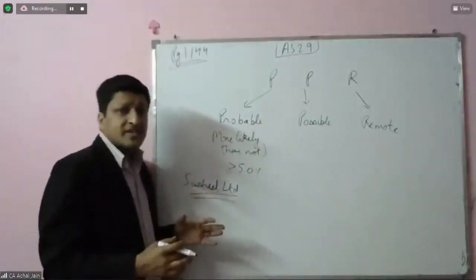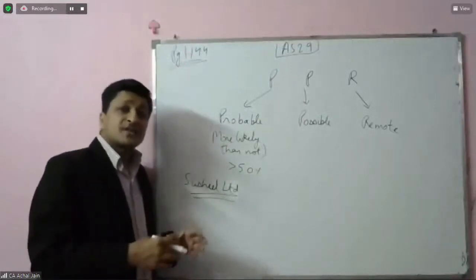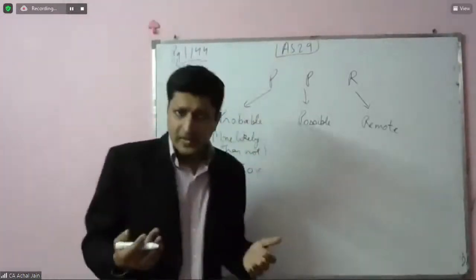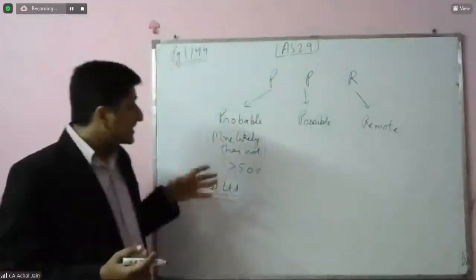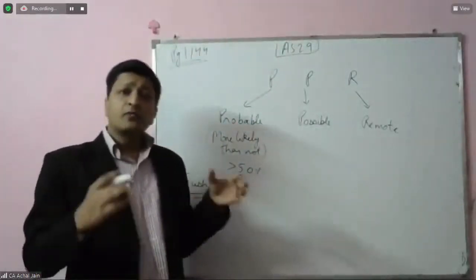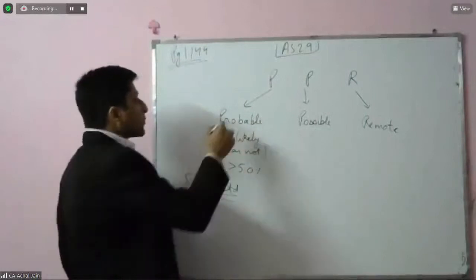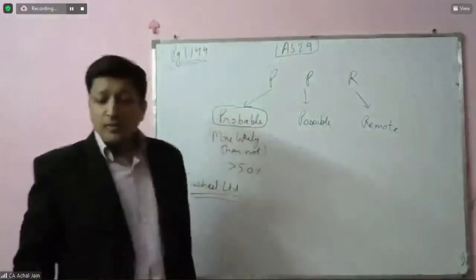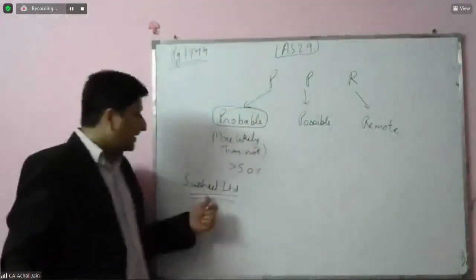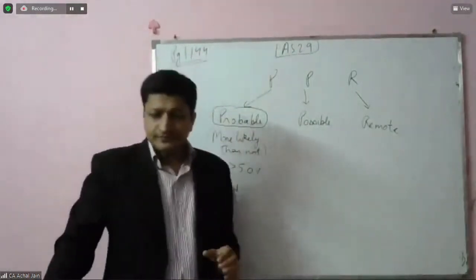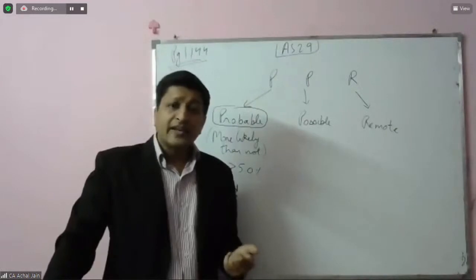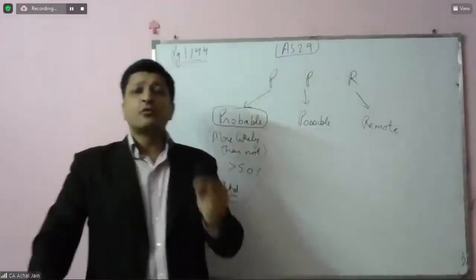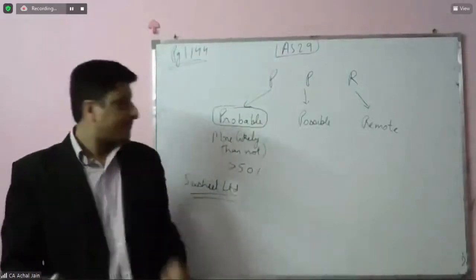So the moment we say that the chances of losing this case are more than 50%, what do we call it? We call it probable. It means it is probable that Sushil Limited will lose the case. And the moment we say it is probable, a provision is required to be recognized.